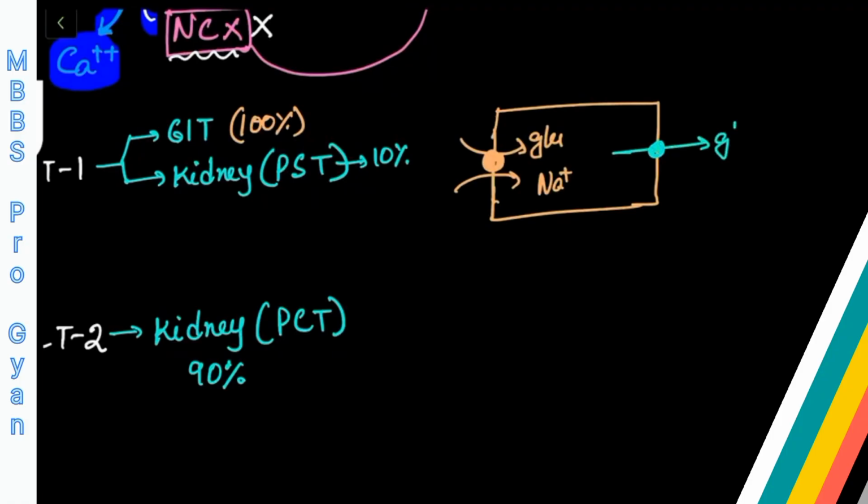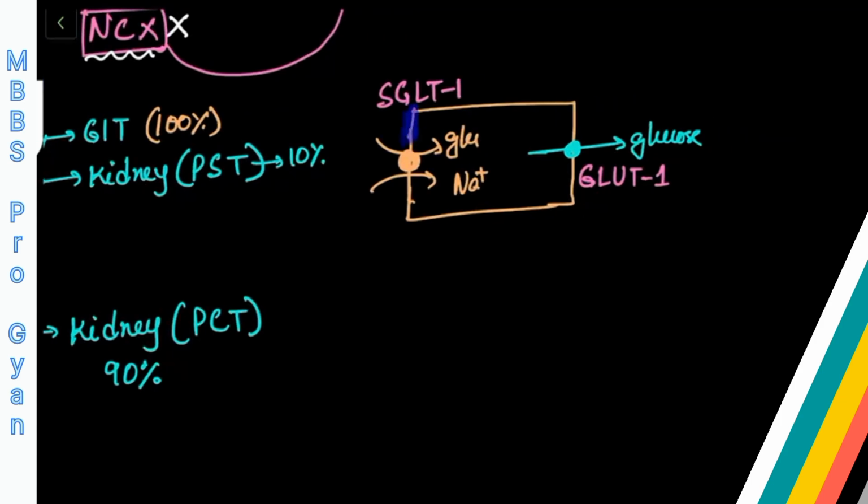On the basolateral aspect, this glucose will enter the blood by a transporter known as GLUT1, right? So please remember, if it is SGLT1 on the luminal membrane, then the basolateral membrane contains the corresponding GLUT, that is GLUT1. SGLT1 is on the luminal side, GLUT1 is on the basolateral side.